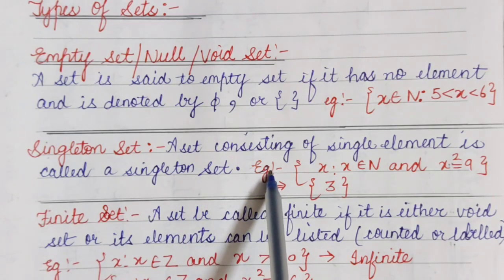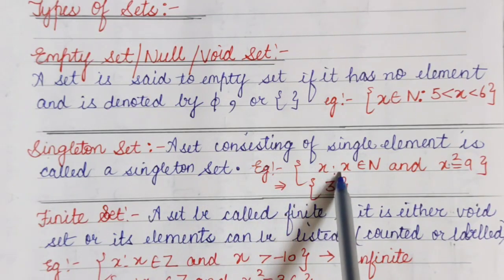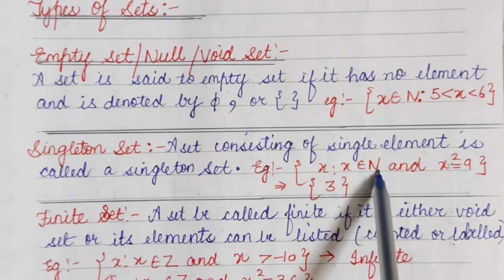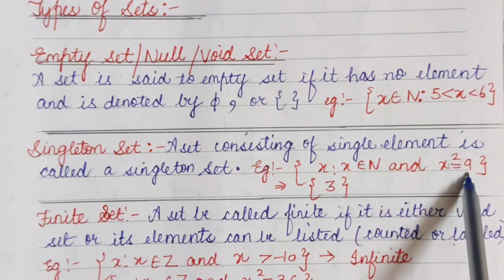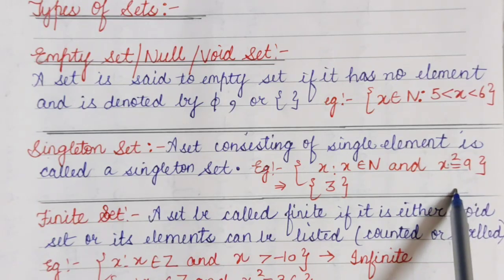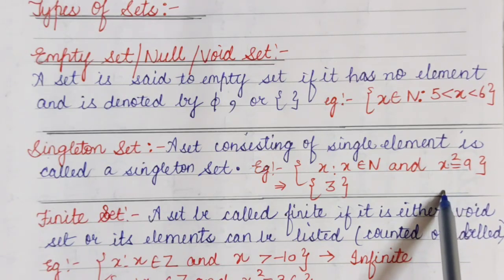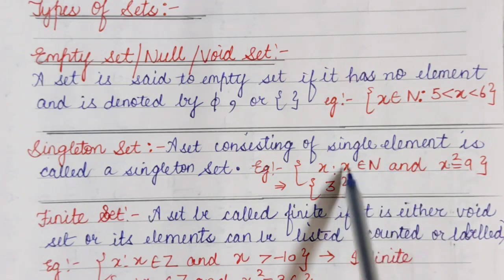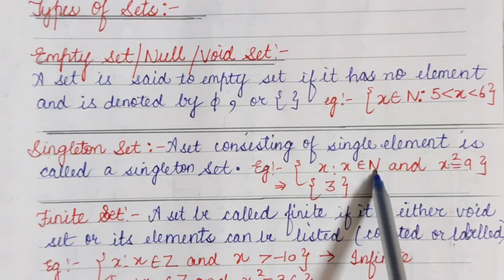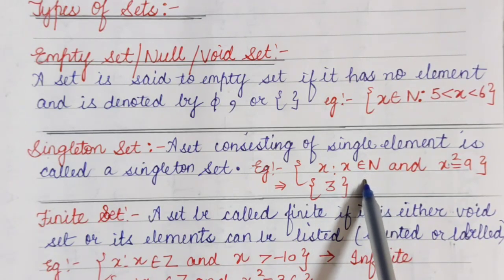Now see example here, x such that x belongs to natural number and x square is equal to 9. Now we know if we solve x square is equal to 9, then I will get x is equal to plus 3 and minus 3. But as they are saying x should be a natural number, so we cannot take minus 3.